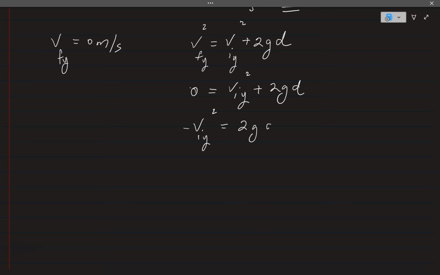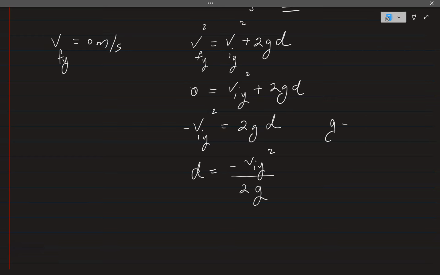So that would be 2gd. I'm rewriting this formula and solving for d. I am going to attach a video lesson on rearranging formulas for variables. So now solving for d, the final answer will be negative Viy squared divided by 2g.